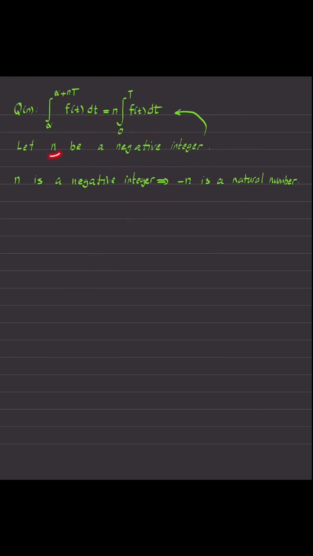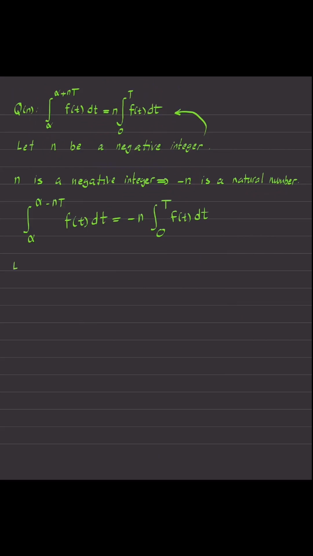But because n is a negative integer, minus n becomes a natural number, and this relation was valid for all natural numbers, so this means that this relation is valid for minus n. In other words, I am certain about the truth of this. Yes? This I know because minus n is natural. Okay, now let us see what I can do.